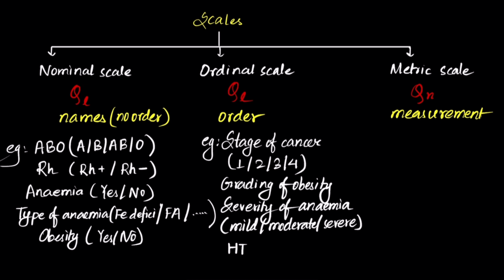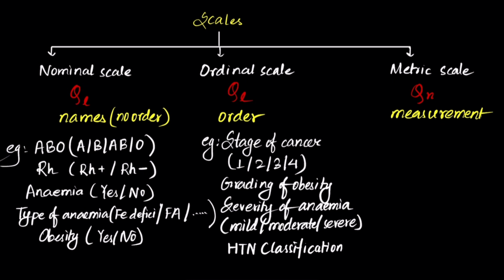Similarly, you have hypertension classification, where it's either normotensive, pre-hypertensive, hypertensive, grade 1 hypertension, grade 2 hypertension. Qualitative data present in an order. Okay, so that was for qualitative variable, qualitative data on a scale.